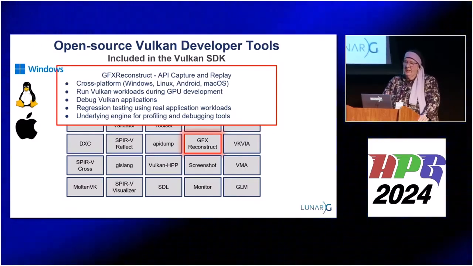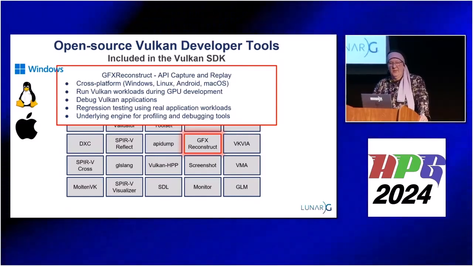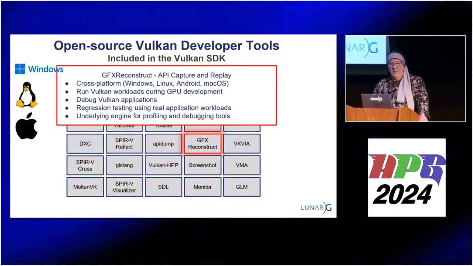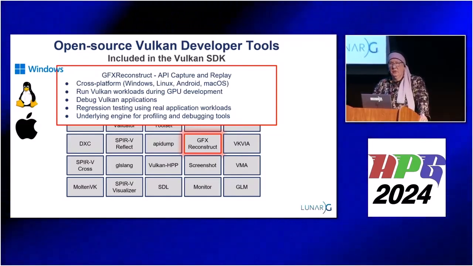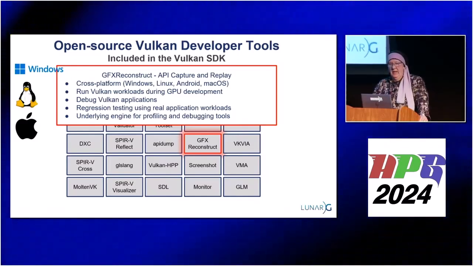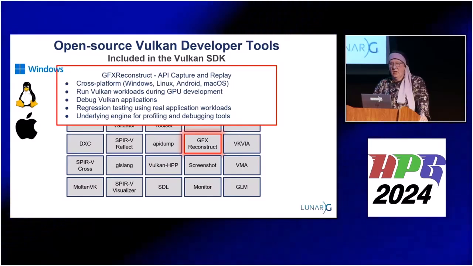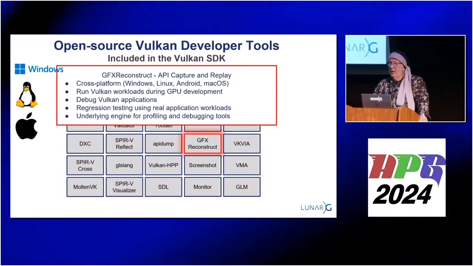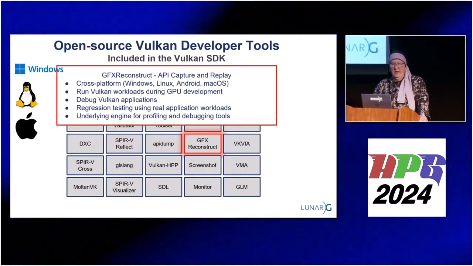And GFXReconstruct. It's an API capture and replay tool. It's cross-platform, supported across Windows, Linux, Android, and Mac. And it allows you to capture workloads, the API calls, in binary format for replay at a later time. And it has multiple use cases. We know IHV vendors use it to run Vulkan workloads during their GPU development.